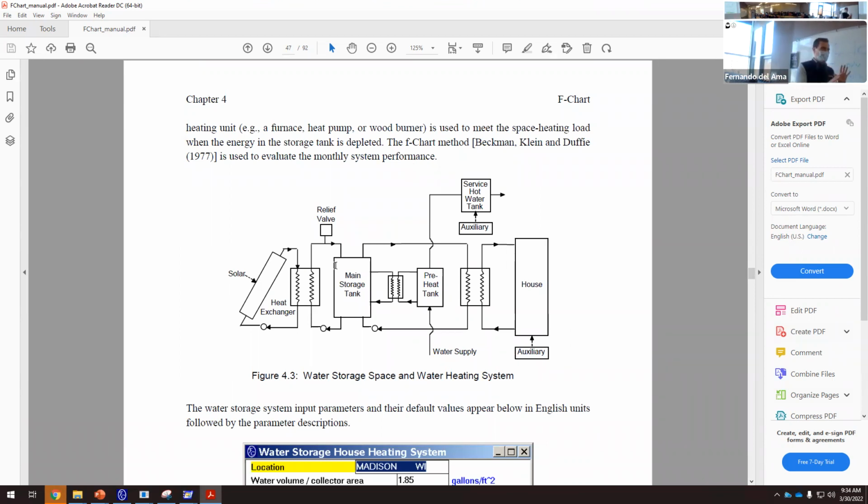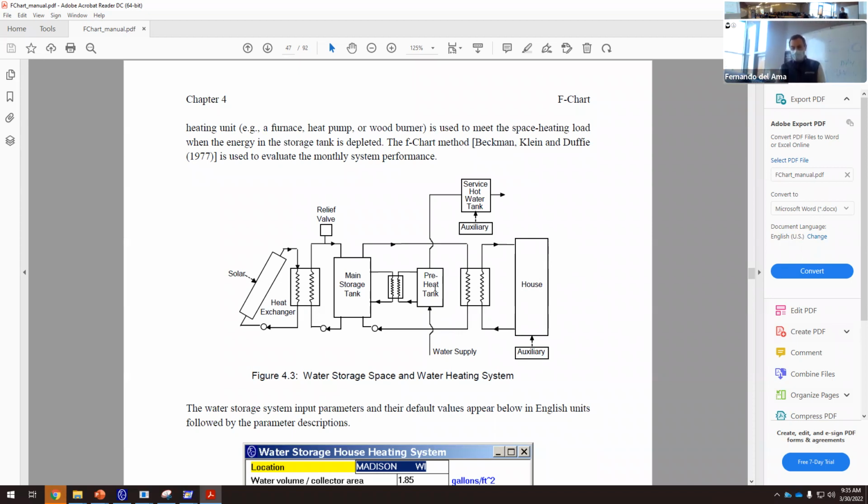We have different options. And again, if there were a better option, everybody would do the same. But we have to connect different things. This is the house, the room or whatever. This is the solar collector, and we have a main storage tank. But here we have a preheat tank.